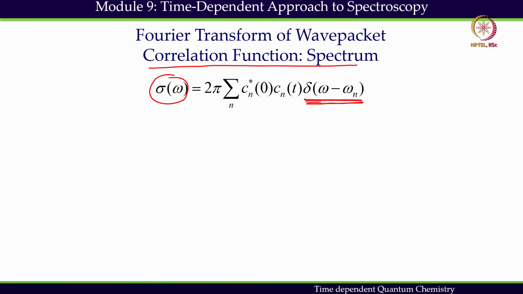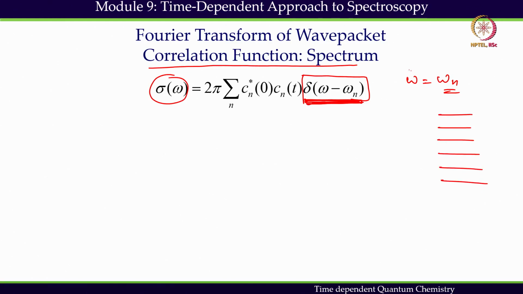This delta function will exist only when omega is omega n, and omega n represents those eigenstates.